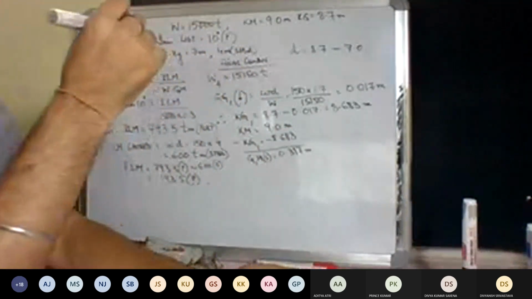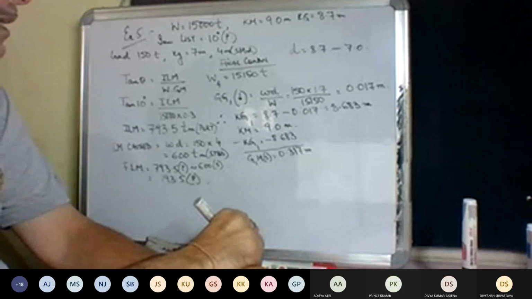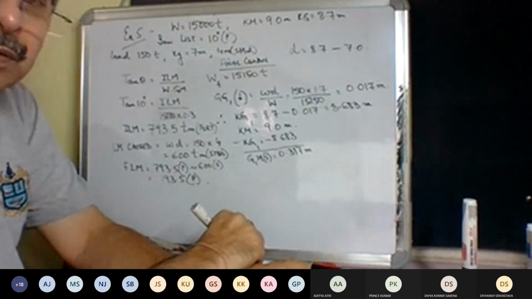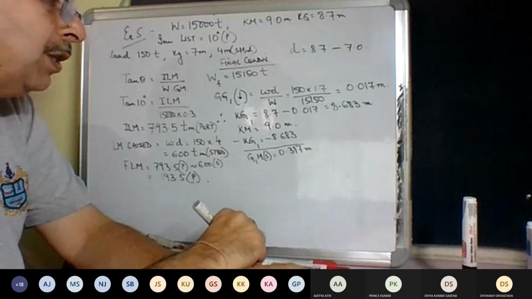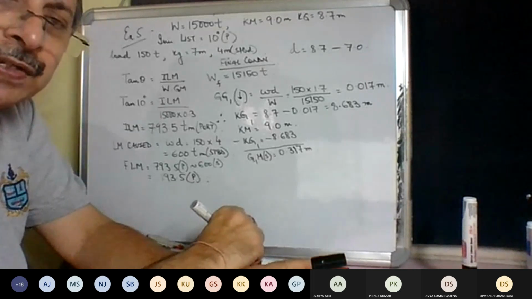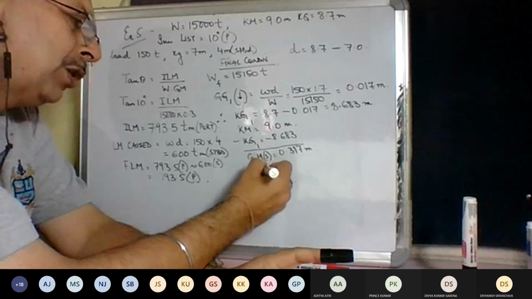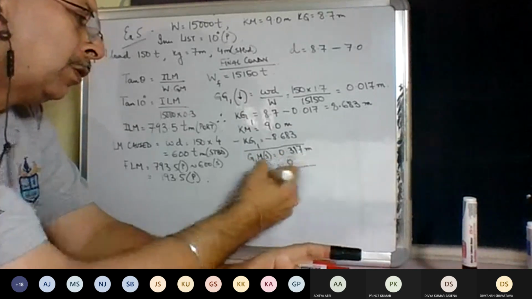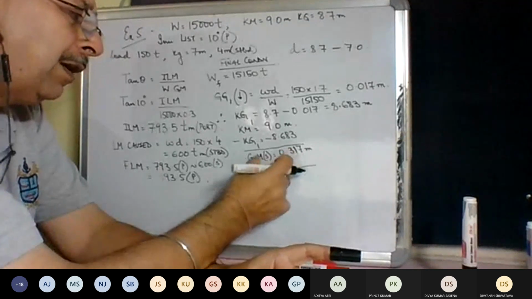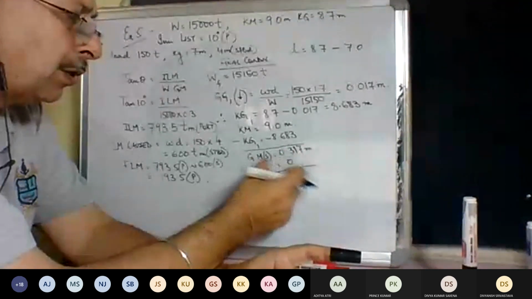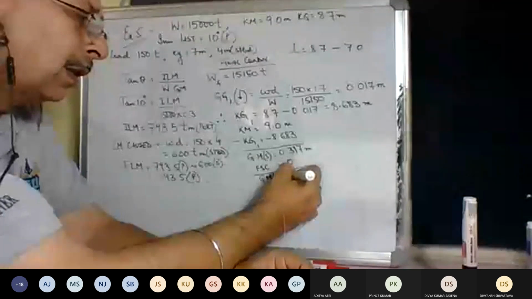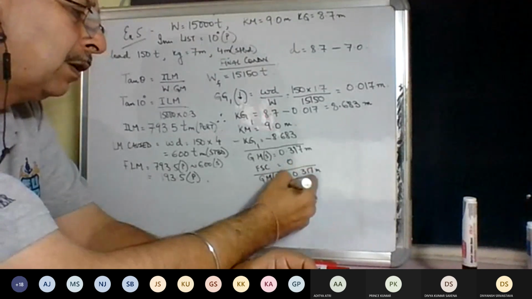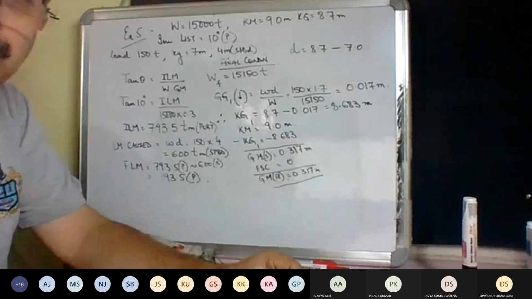Now I need FSC. FSC is not mentioned in the question, so therefore FSC is 0. So GM fluid, I can write it as GM also, this is okay. I don't need to write G1M, it's the same thing. 0.317 is the fluid GM of the vessel.